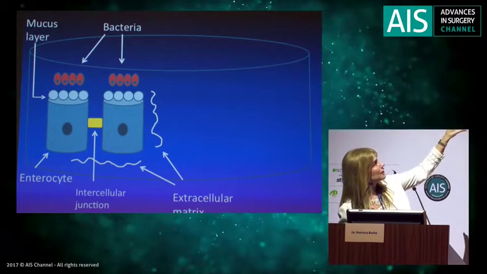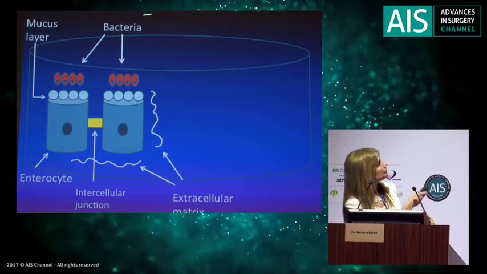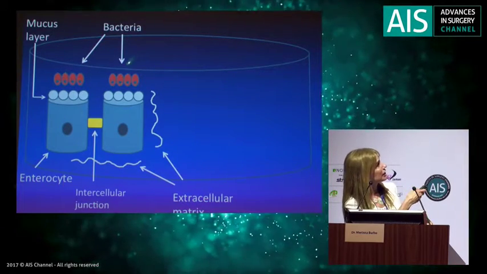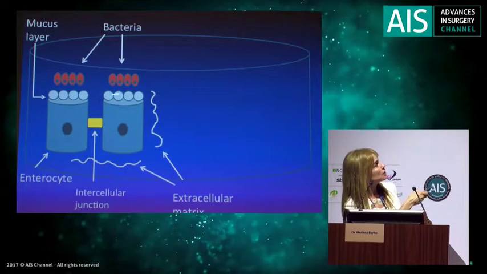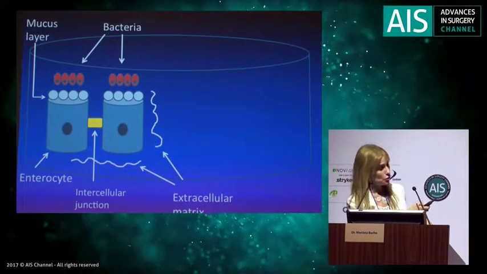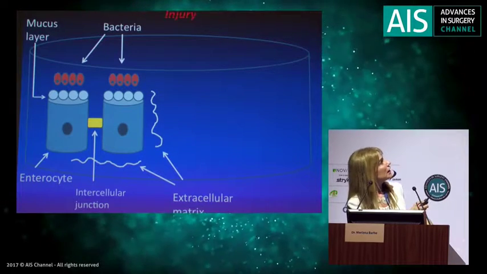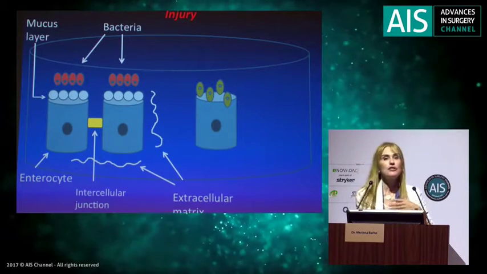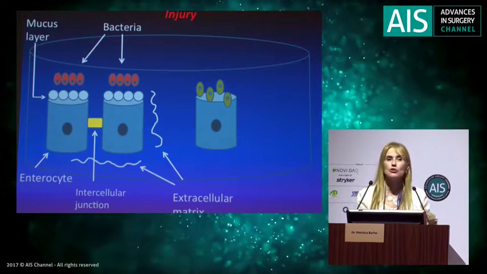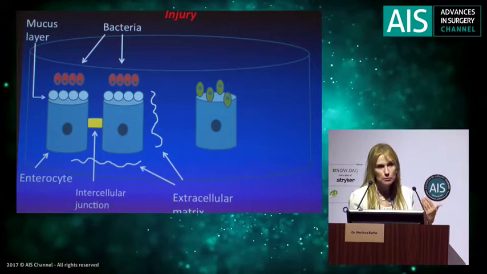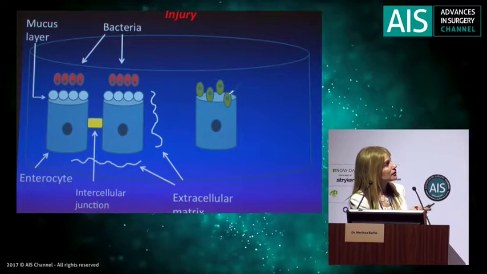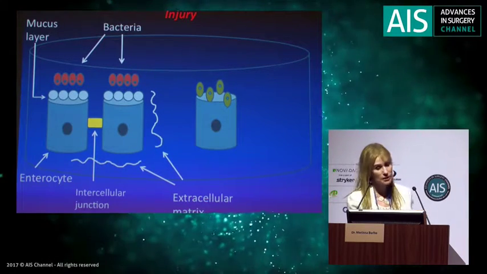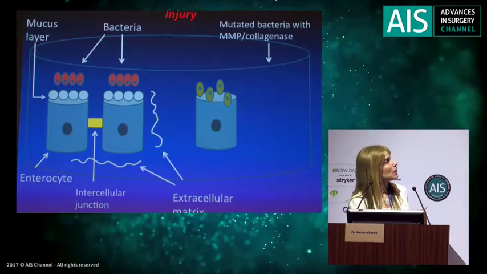So this is the normal state. We have here the bacteria that are not in contact with the enterocyte. You have the mucus layer, which is also important. Now, when we have an injury, the first thing that is going to happen is we stop secreting mucus, because that is secondary. So what's going to happen is the bacteria are going to come in touch with the enterocyte in a direct way.